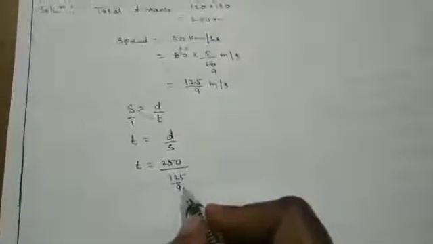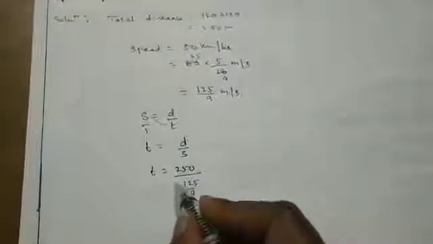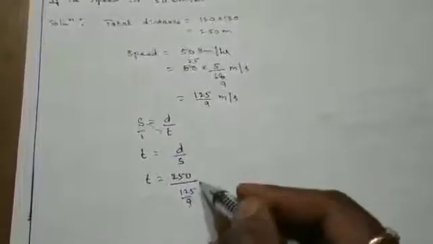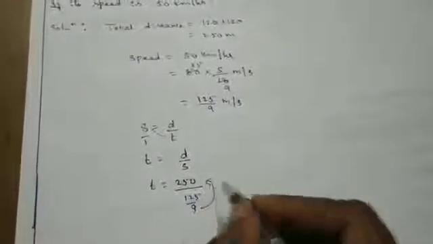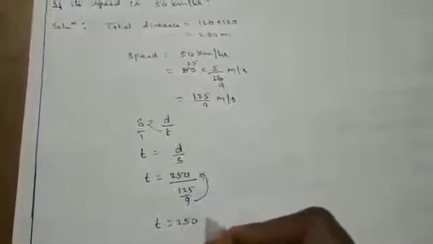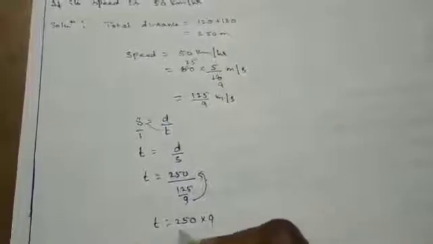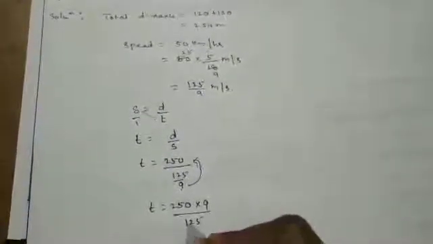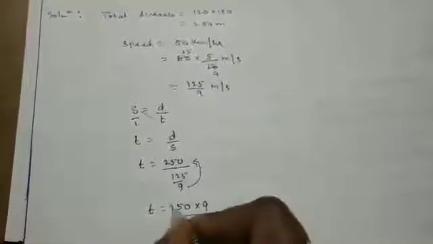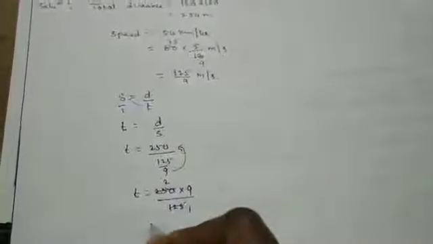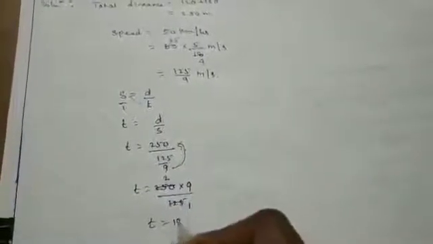So here 9 is in the denominator of the denominator, and it always moves to the numerator. Okay, then t is equal to 250 into 9 divided by 125. Any cancellation? Yes, 25 ones are 25, 125 twos are 250. Then t is equal to 2 nines are 18.